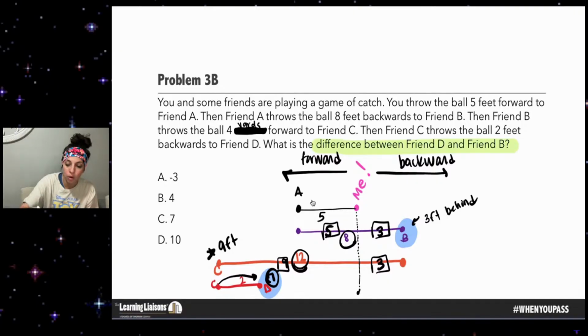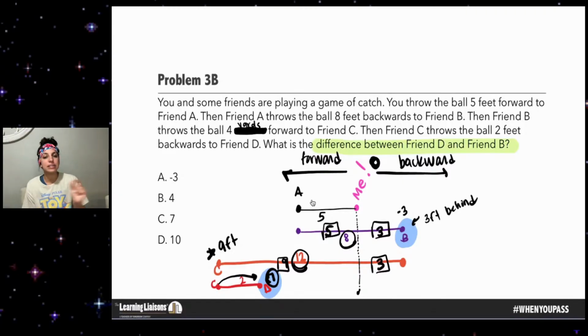So what we really want to do, if me is 0, and we're on a backwards number line, then friend D is at positive 7, and friend B is at negative 3 because they're behind me. So that's negative 3 feet.